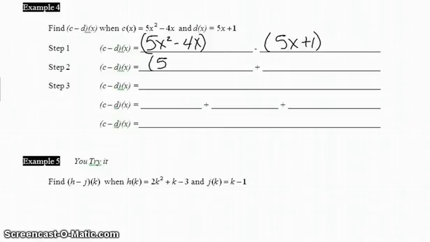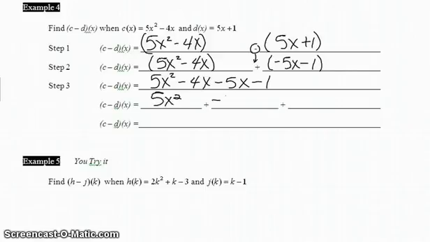Changing the signs in that second function, I just write the first one down, change my subtraction to addition, and then change the signs all the way across, and then write it down without the parentheses, and then gather my like terms, and lastly, make sure I combine all the like terms together. So 5x squared minus 9x minus 1.